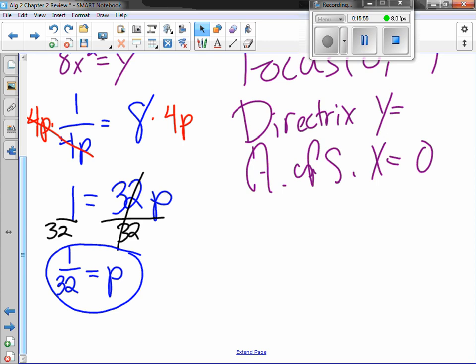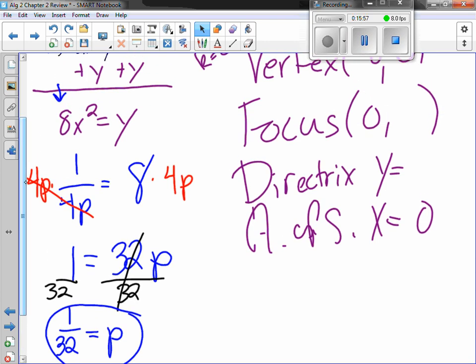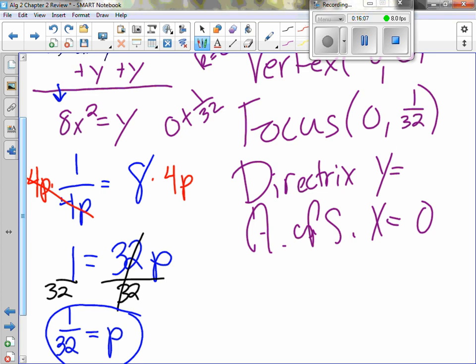So now we need to go and plug it back in. For the focus, we're going to have 0 plus 1 over 32, which is just 1 over 32, yes? And 0 minus 1 over 32 is going to be negative 1 over 32.